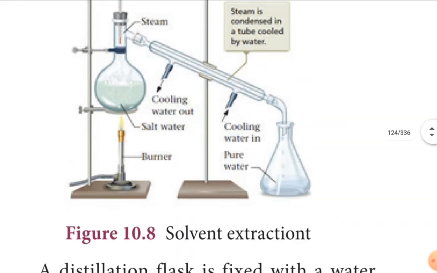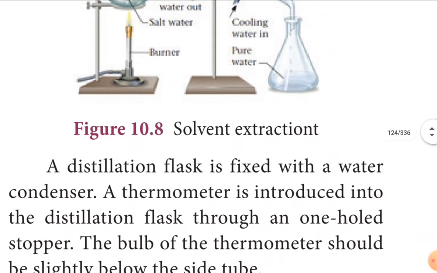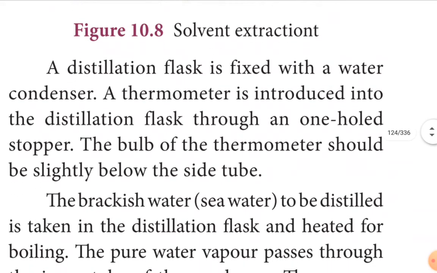So now listen. The distillation flask is fixed with the water condenser. The thermometer is introduced into the distillation flask through a one-hole stopper. The bulb of the thermometer should be slightly below the side tube. The brackish water, that is sea water or salt water, to be distilled is taken in the distillation flask and heated for boiling.